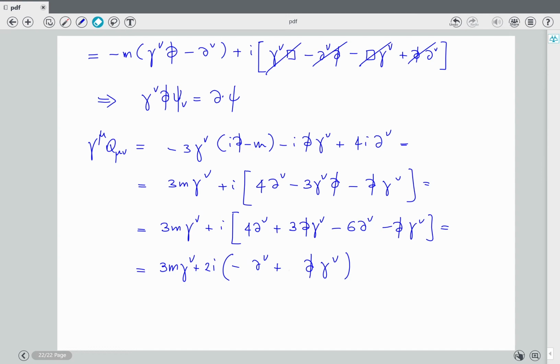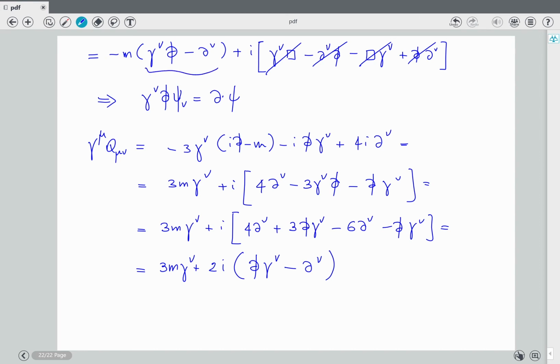Oh yes, this is wrong; we have ∂̸γ^ν. So let me rewrite this the nice way: factor 2i (∂̸γ^ν minus ∂^ν). And something we did not show earlier is that this is also 0.